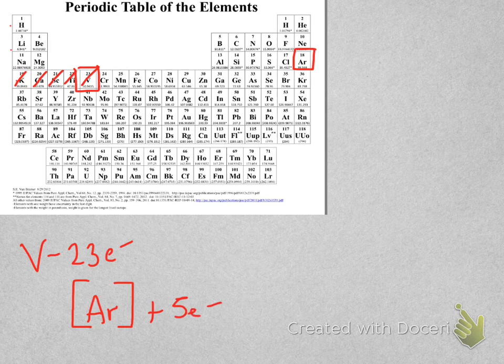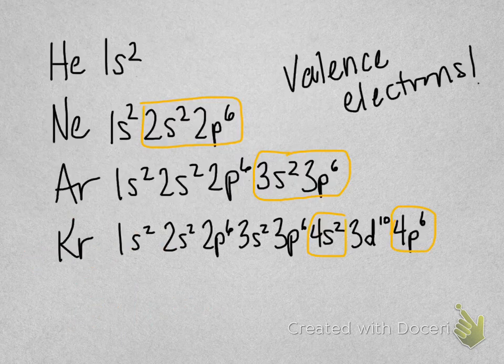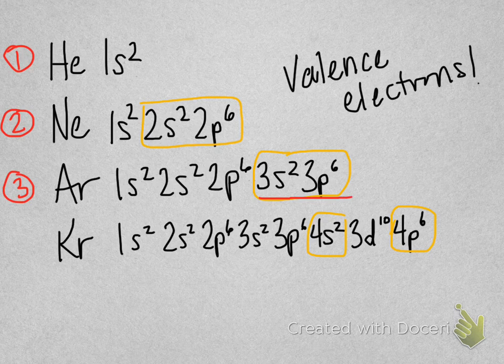We can't write that. Well, we know that argon ends with a full s and p on its uppermost occupied main energy level. And we see a pattern, if we look carefully back at those noble gases we wrote, that helium, which is in the 1st period, has an uppermost occupied main energy level of 1, and neon, in the 2nd period, has an uppermost occupied main energy level of 2, and argon, in the 3rd period, has an uppermost occupied main energy level of 3.